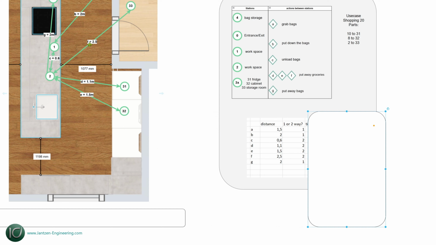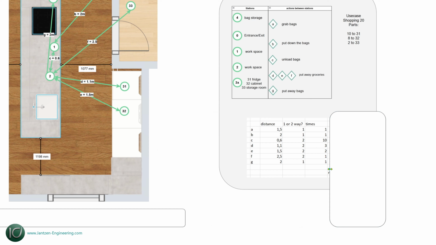So for example, for F, we have to run from 2 to 33 forward and backward. That's why we have a number 2 here. And to store 2 parts at 33, we run it 1 time. Other destinations we run, for example, 10 times.